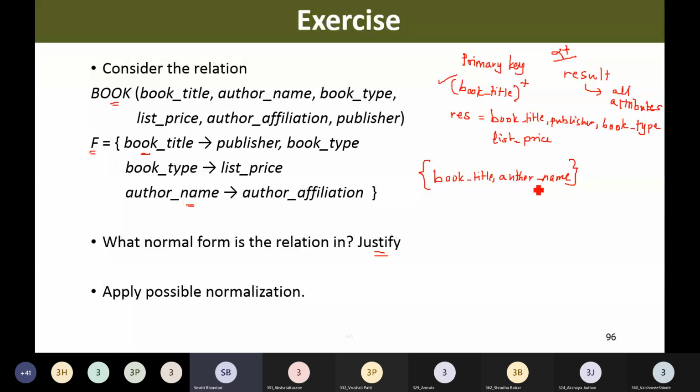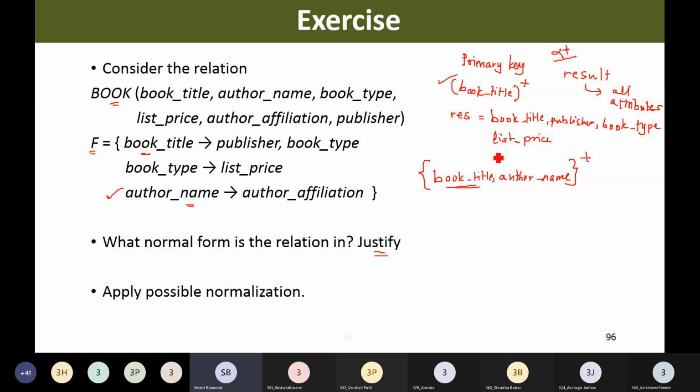Whenever I am adding author name to my primary key, this functional dependency can also be considered while forming our closure result. And this closure will now include all the attributes in my relation.